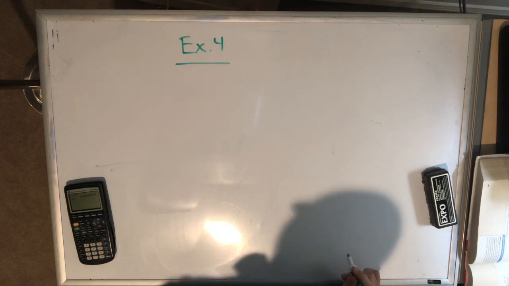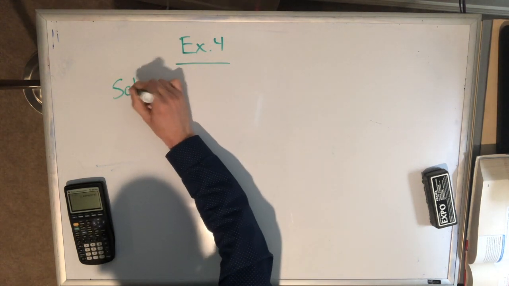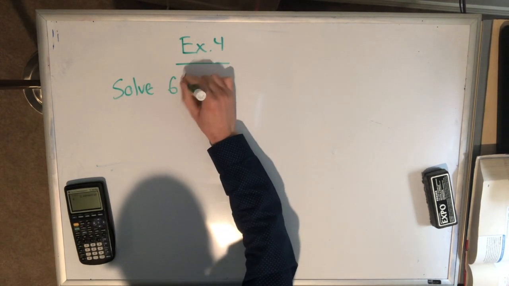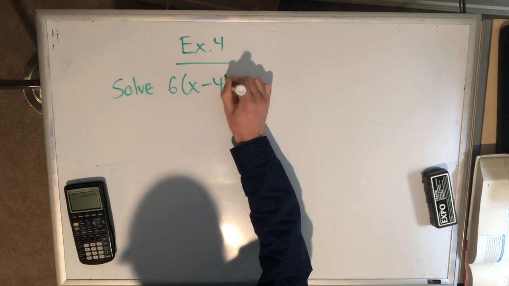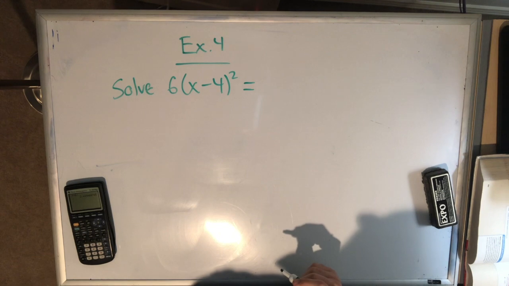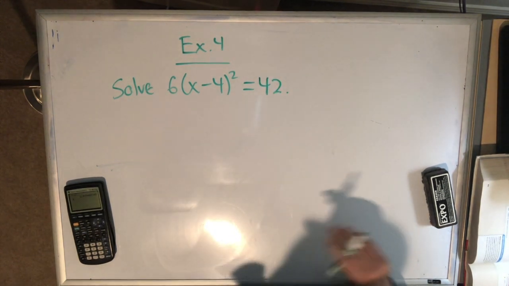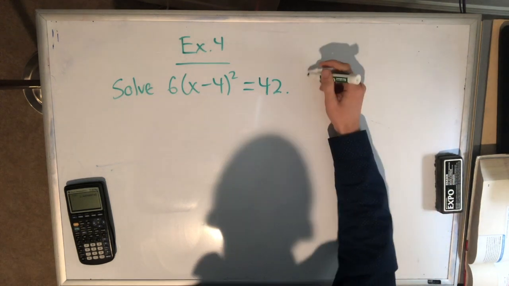Solve 6 times (x minus 4) squared equals 42.